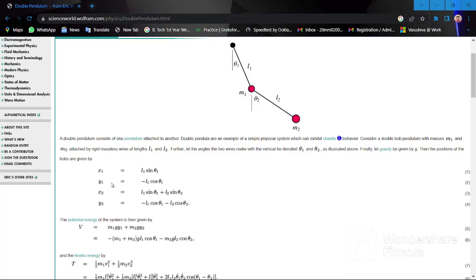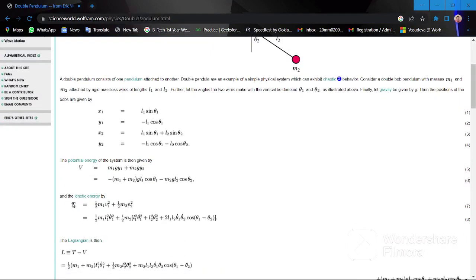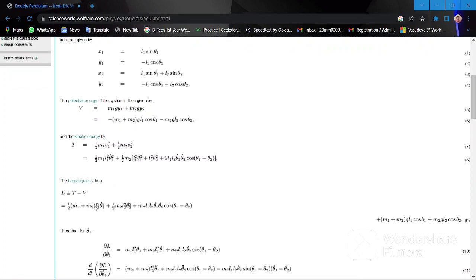So now, having all these terms, we define the potential energy and the kinetic energy of the system, and the Lagrangian is T minus V, which is this expression that we get.